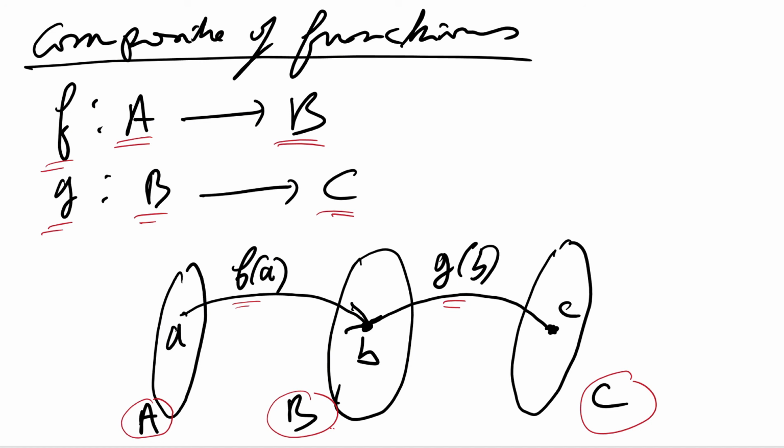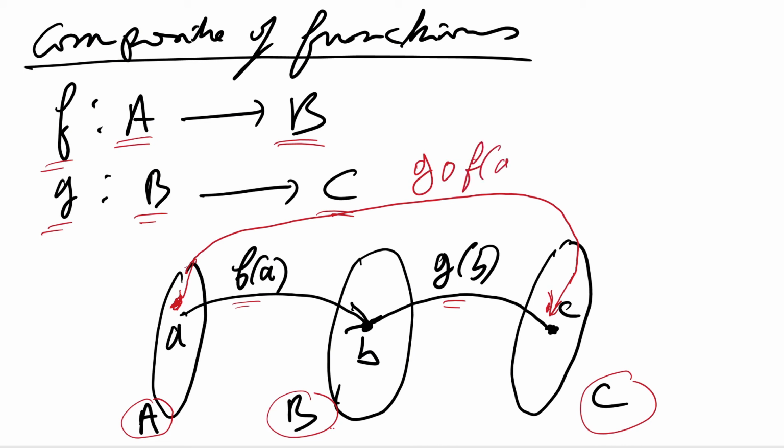So what is the composite? The question is, how can you go from A straight to C? In order to go from A to C, you get what we call the composite. This is g∘f of a, which gives you c. So basically we go straight from a to c. That's the composite.